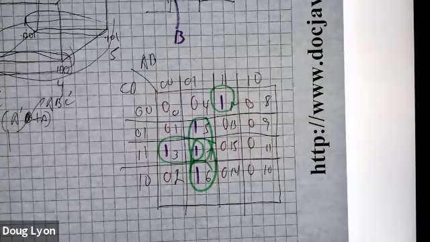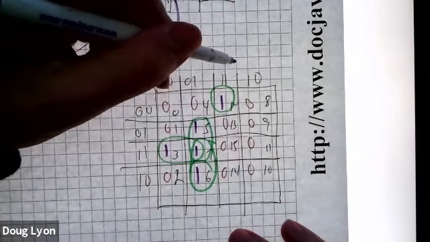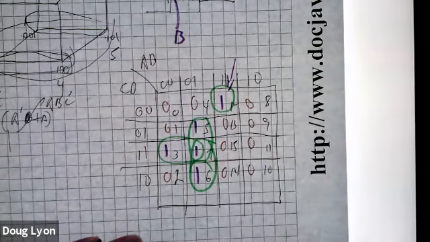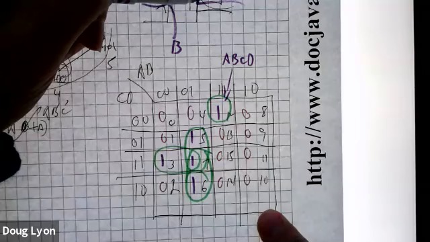And so if you're still with me on this, why don't you tell me how to label element 12? Would it just be A, B, and then C prime, D prime?